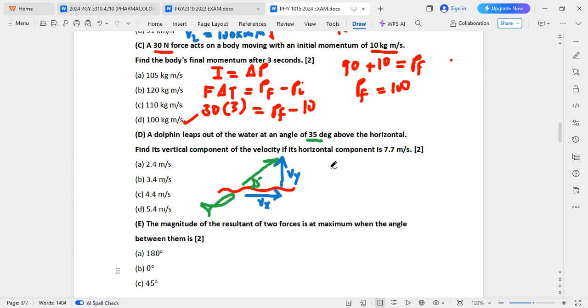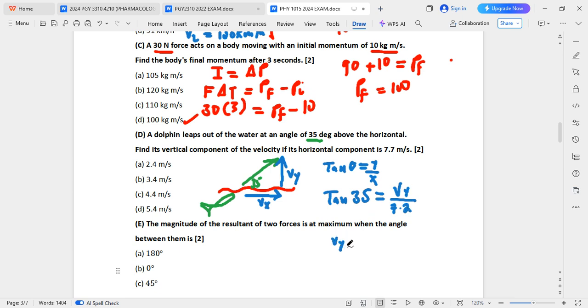Now you know that tan theta is given by y component over x component. This is actually y component of the velocity over x component of the velocity. If the angle is 35, tan 35 will be equal to y component of the velocity divided by the x component of the velocity, which is 7.7.